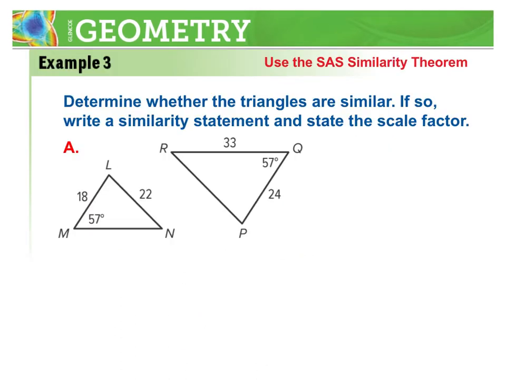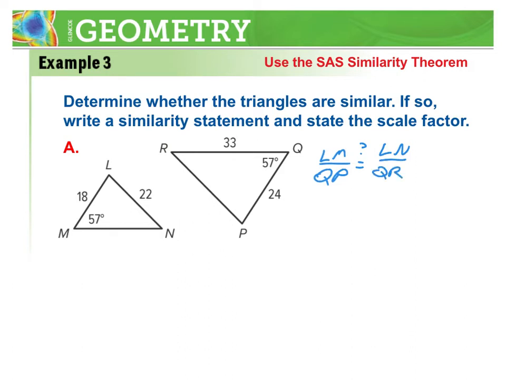For this example, you are to determine whether the triangles are similar. If so, write a similarity statement and state the scale factor. So if these triangles are similar, then the ratio of LM to QP will be proportional to the ratio of LN to QR.